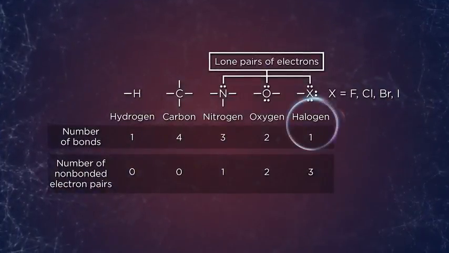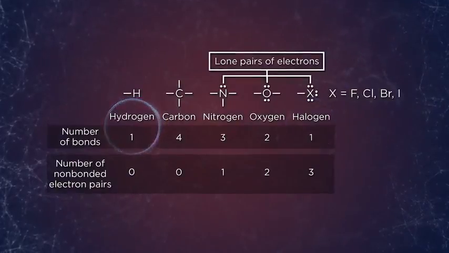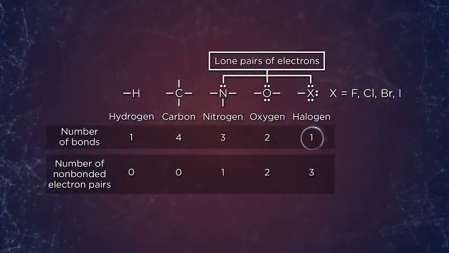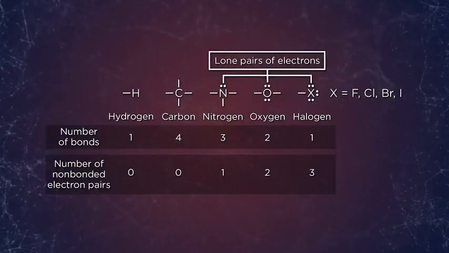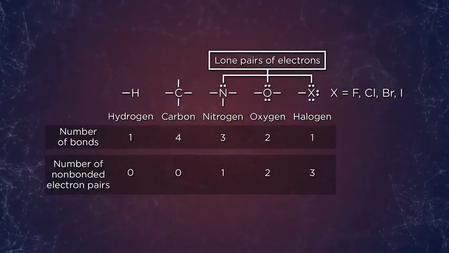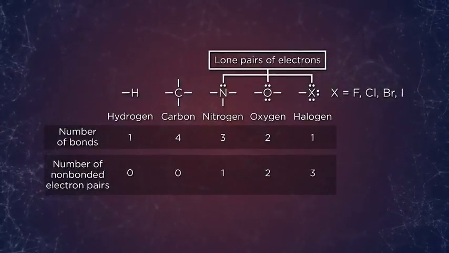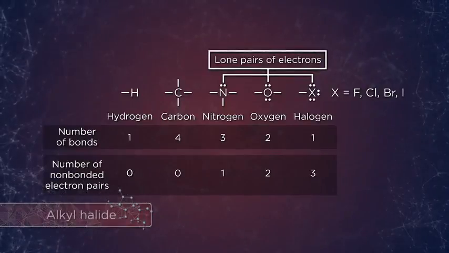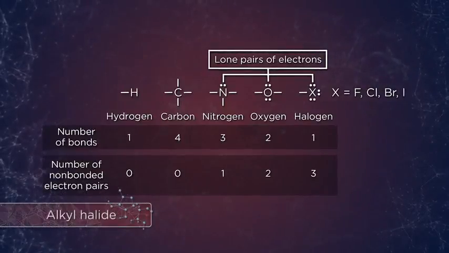This is because halogens, just like hydrogen, typically form only one bond, capping off one bond in a carbon scaffold. When we replace one or more hydrogens with a halogen, we call the new molecule an alkyl halide. Alkyl for the alkane we started from, and halide to indicate that at least one halogen has replaced a hydrogen.